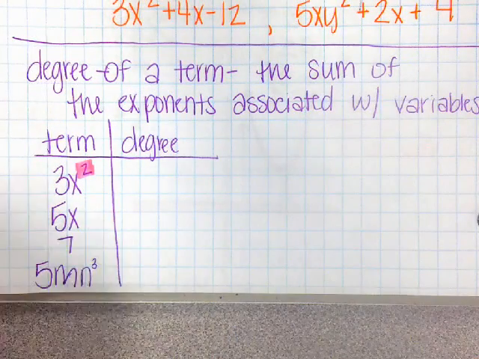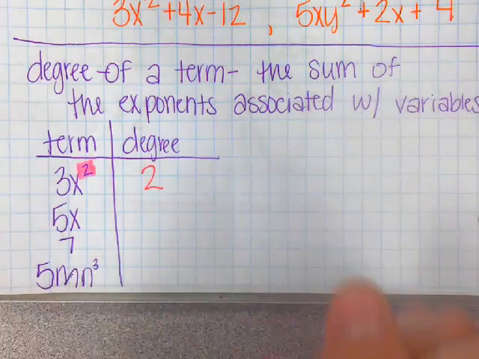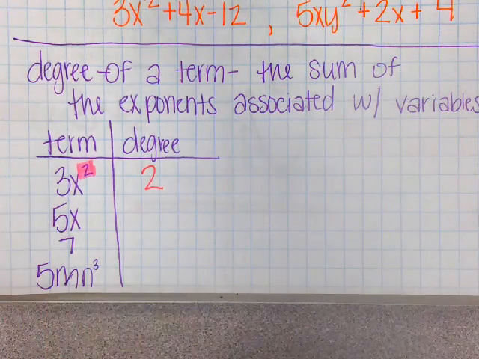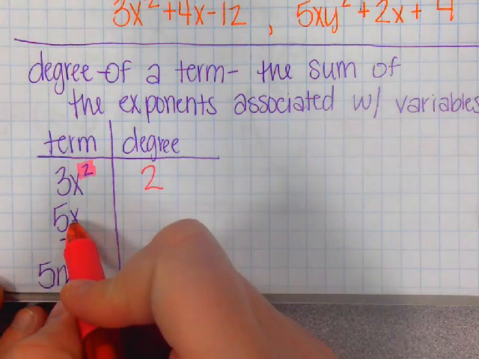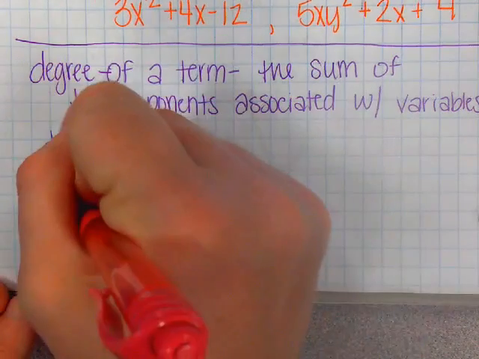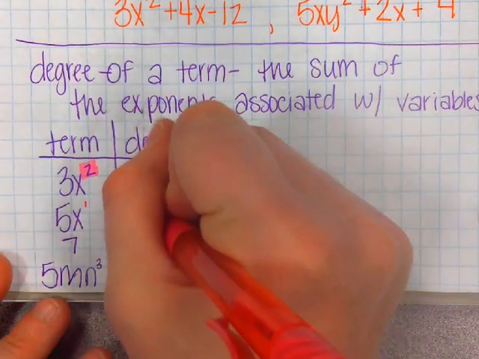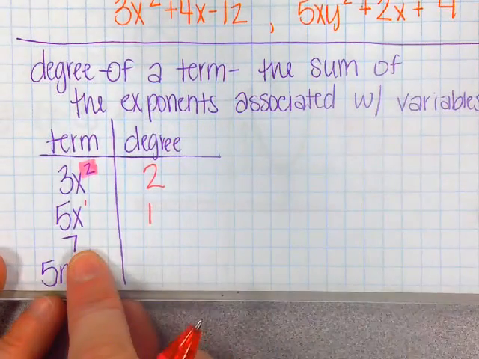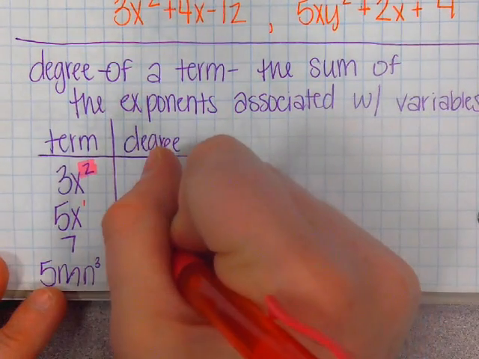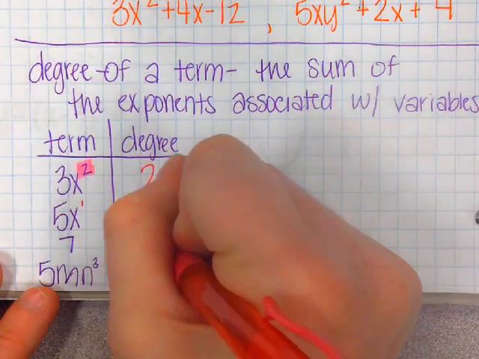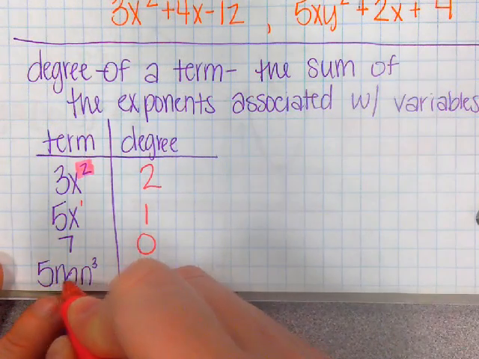So if you look at this one, the variable is squared, so the degree is 2. If you look at 5x, it doesn't have an exponent, but if you just have an x, remember that means you just have one of whatever it is. So my degree would be 1. Now this one doesn't have any variables. So since it doesn't have any variables, you would say the degree is 0.